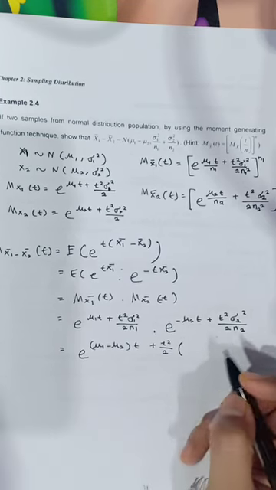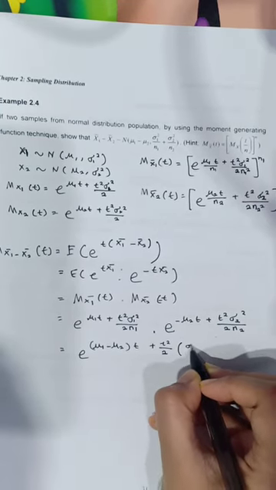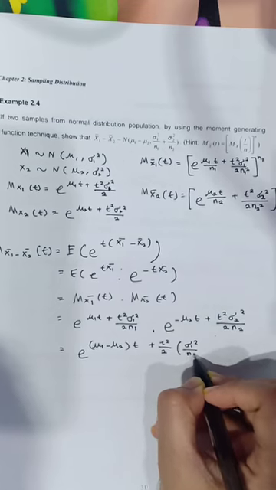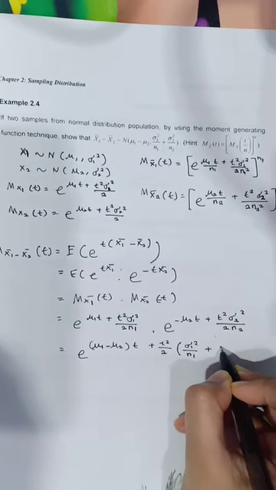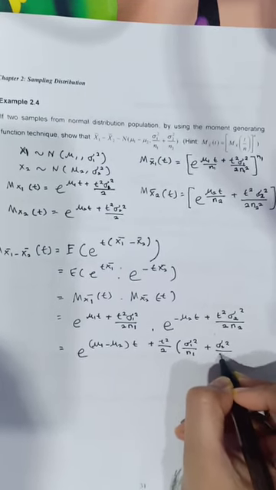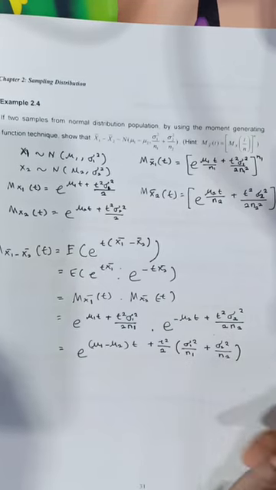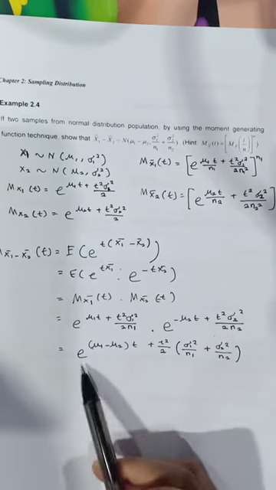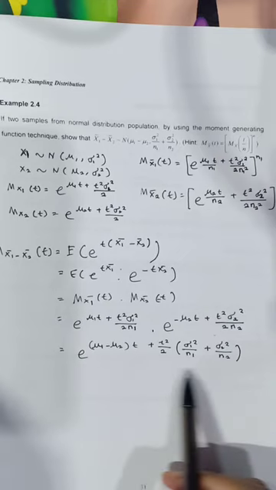So you will get sigma 1 square over n1 plus sigma 2 square over n2. Alright, so this is our last MGF.